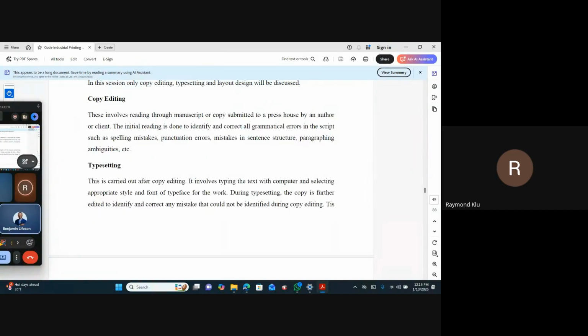Okay, typesetting. This is carried out after copy editing. It involves typing the text with computer and selecting appropriate style and font of typeface for the work. During typesetting, the copy is further edited to identify and correct any mistake that was not identified during copy editing.